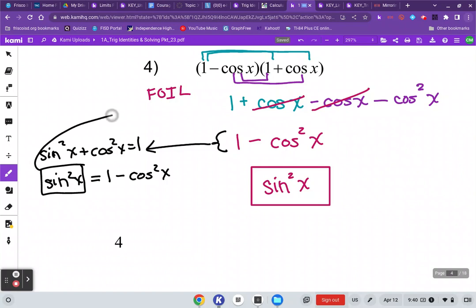So once I figure that out, I can put it in place of that. Alrighty. So, questions.